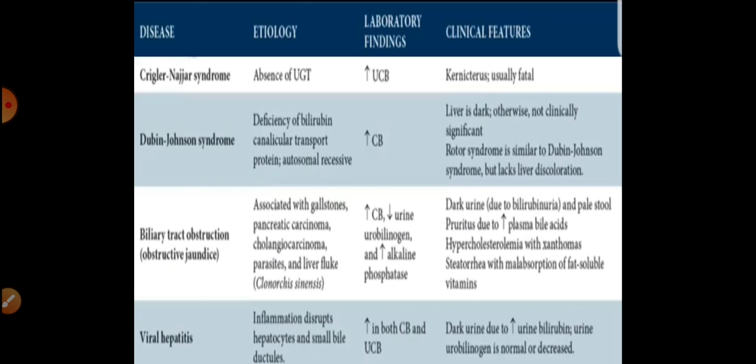Whenever there is obstruction to the bile flow, the bile is retained in the hepatocytes and regurgitates into the blood. So, apart from bilirubin, there will be increased concentration of bile salts and cholesterol in the blood. Increased cholesterol will be deposited in the skin as xanthomas, and increased bile acids will cause pruritus.